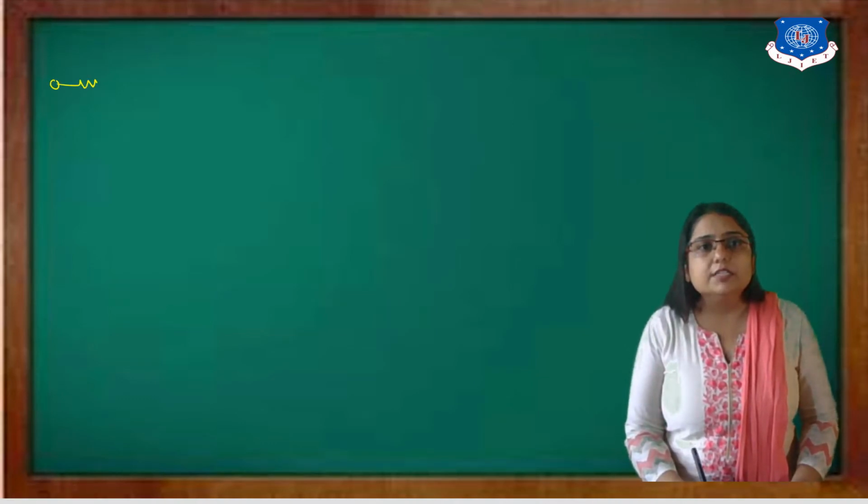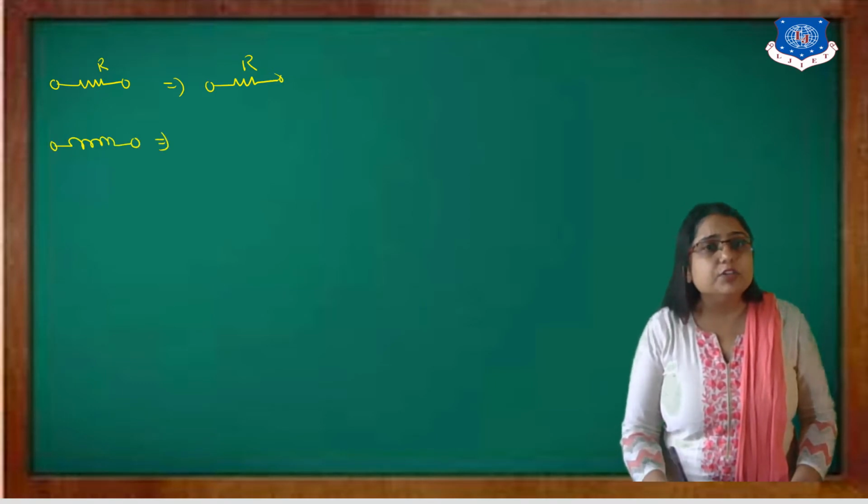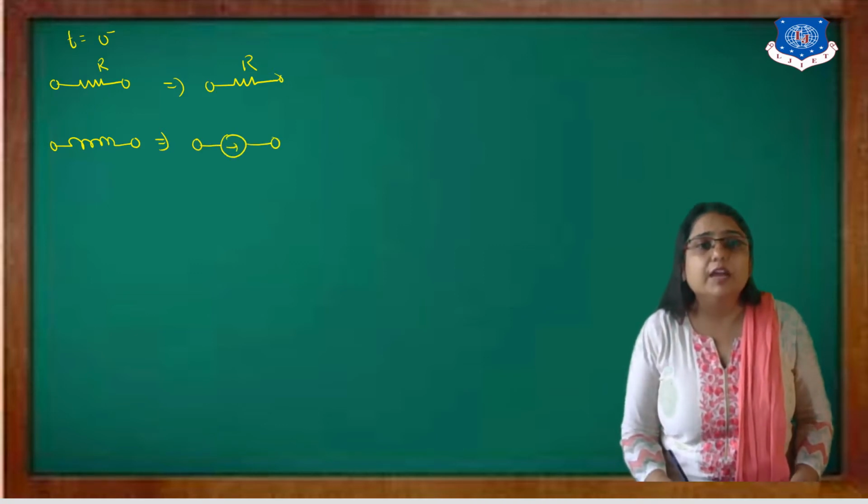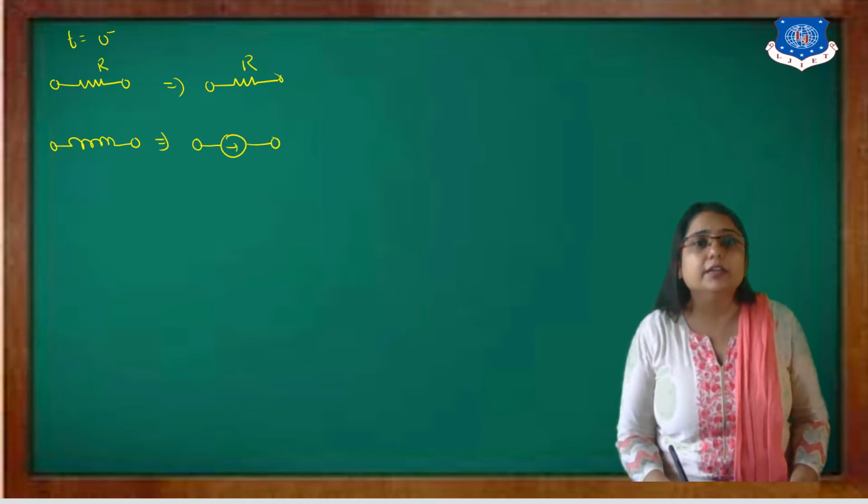Alright, now just remember this thing. Whenever you have a resistor, you just consider this resistor as it is in the network. But when you have an inductor and a steady state condition is given to you, at t equal to 0 minus, then at t equal to 0 plus, we will consider this as a current source, because we are finding the initial current through the inductor.